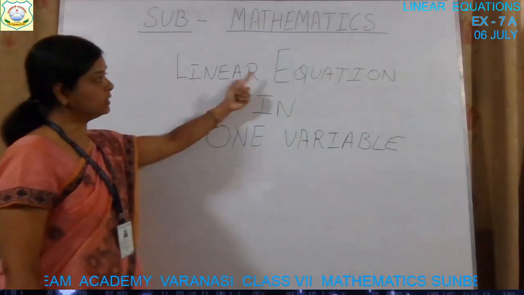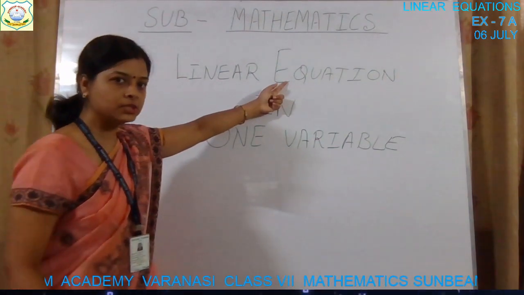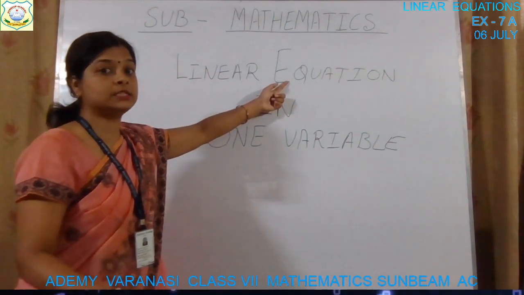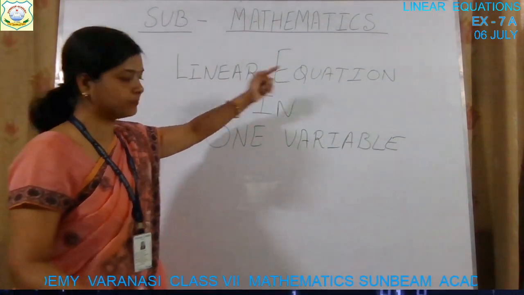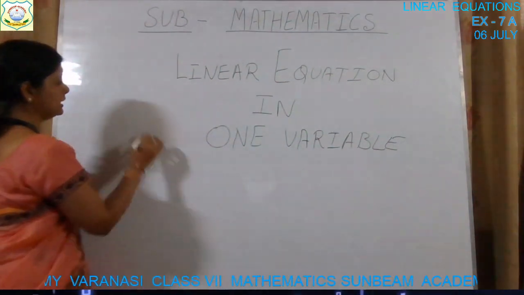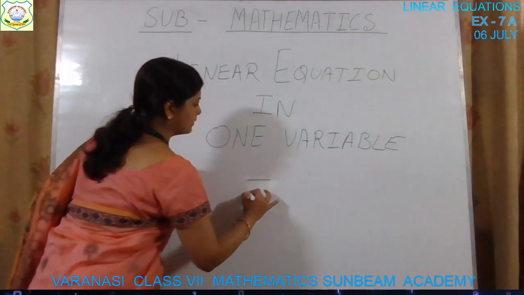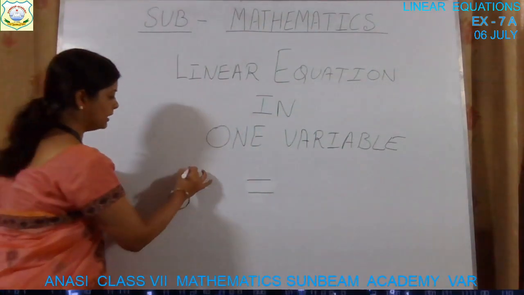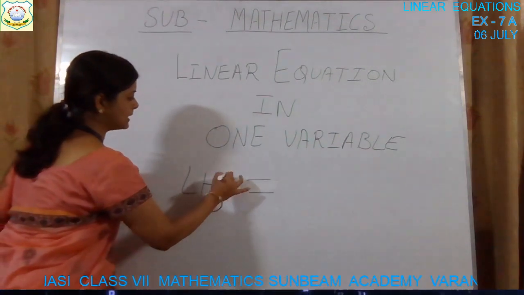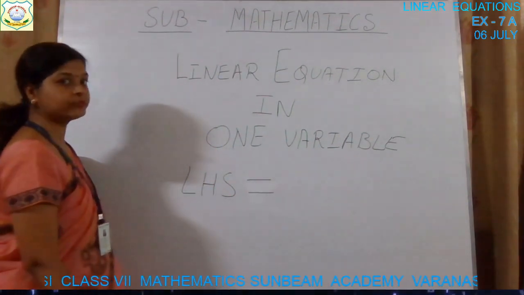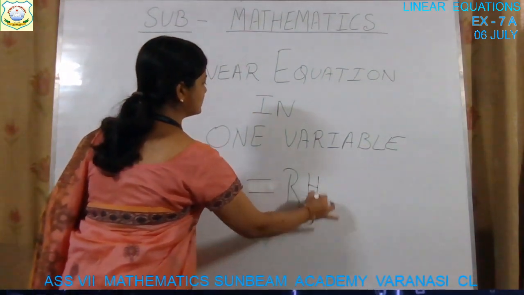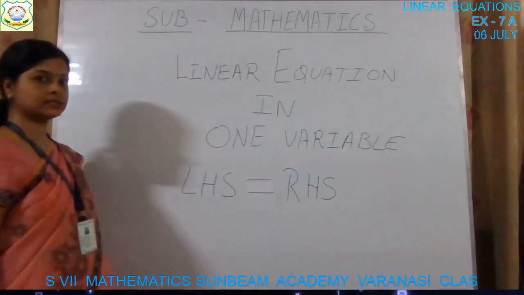Linear equations. Equation means, as we just learned, a statement of equality. Now children, if you are using the equality sign, where this side is called LHS, left hand side, and this side is called RHS, right hand side.